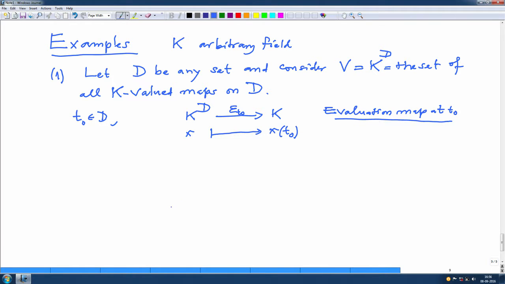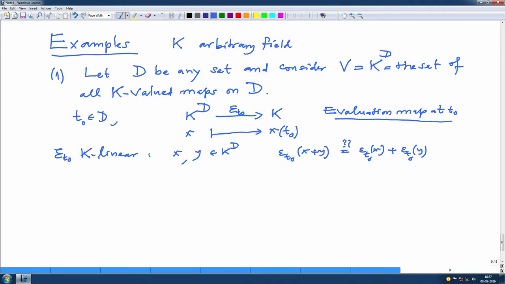I want to check that this map is a K linear map. So what do we have to check? That means we have to check that if we are given two functions x and y in K power D, epsilon t0 of x plus y equals epsilon t0 of x plus epsilon t0 of y.